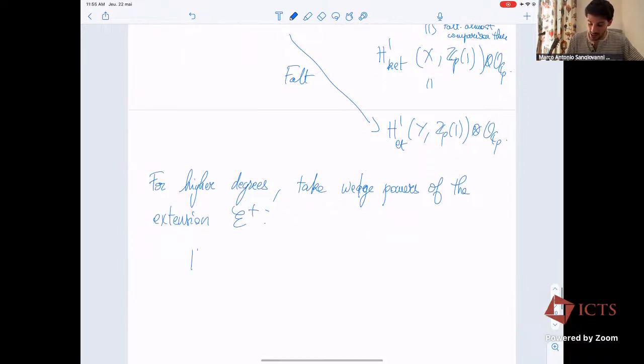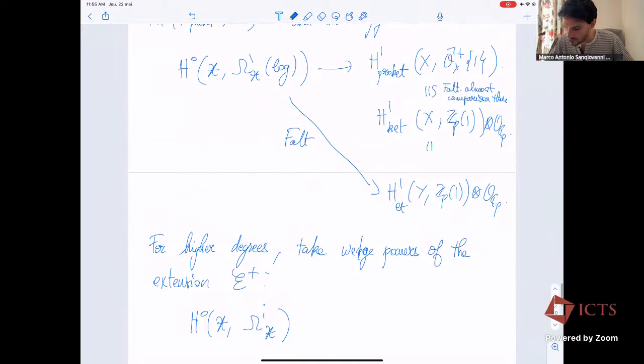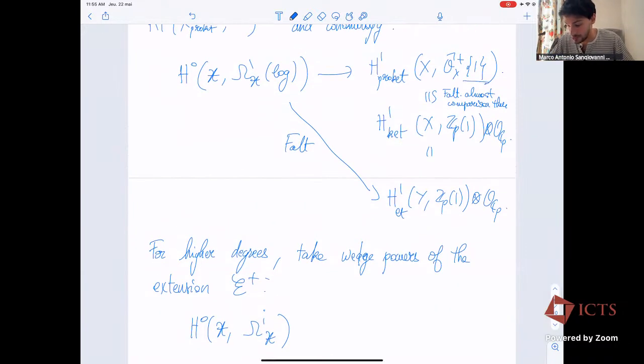So as before, you will get a map from omega i X. Sorry, I forgot a key point. This was a Breuil-Kisin twist, and here I put the Tate twist. But this is incorrect. You cannot change from one to the other. You have to put a rho inverse here, O_C_p.